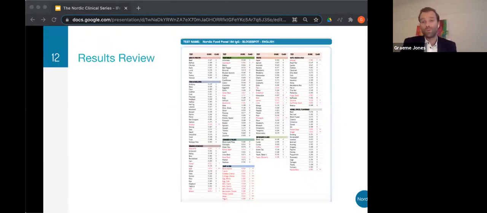So when we look at the results, here's an example. Everything in red has elicited a higher IgG response, and that's graded into 1, 2, or 3. Depending on the amount of foods that are coming up here, it may be that you start with all the 2s and 3s, or just the 3s to start with.